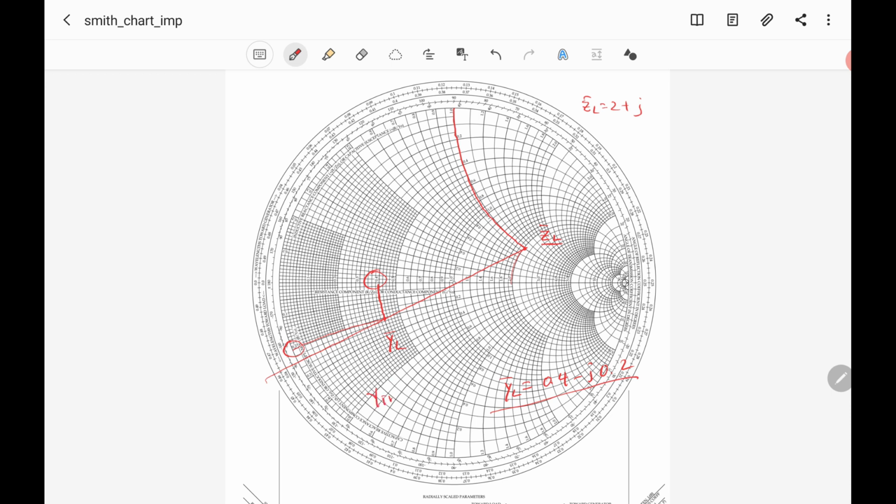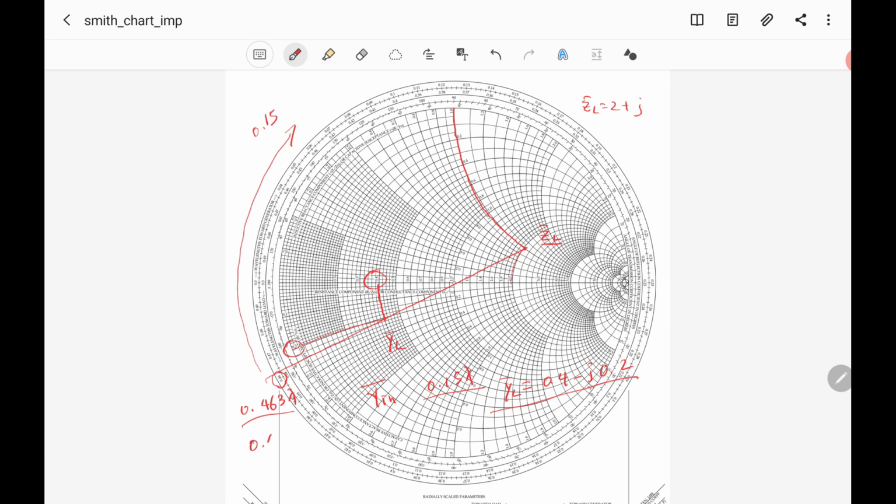And then what it asks is Yin, right, with a 0.15 lambda transmission line. So let's see the point here, right? This is about 0.463 if you read this position. This transmission line length will make this rotation, so this should be 0.15.